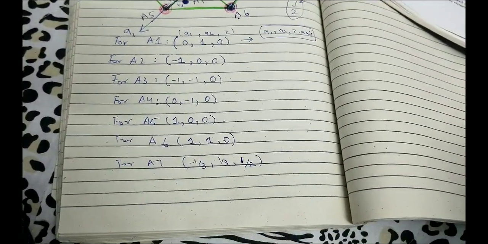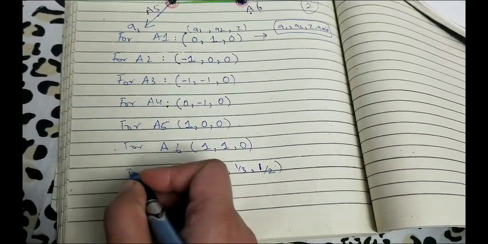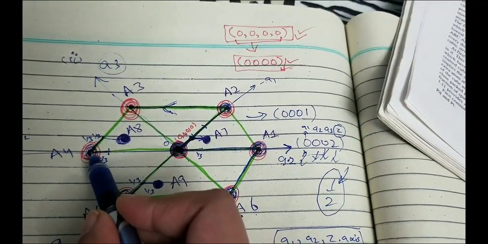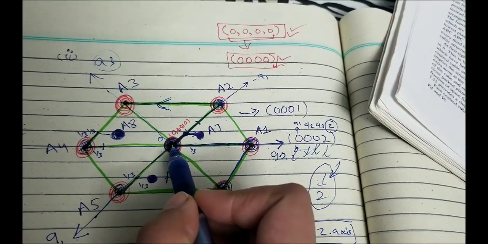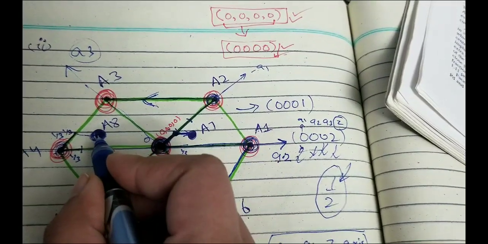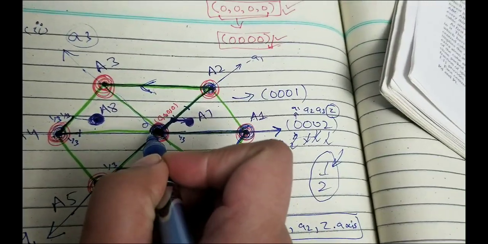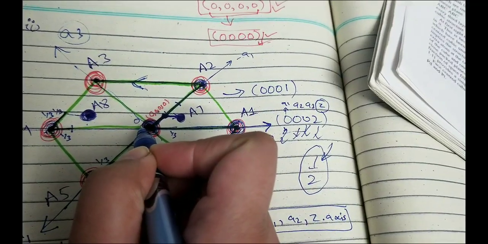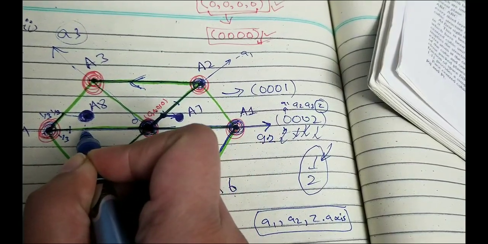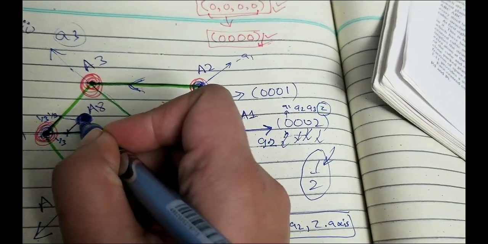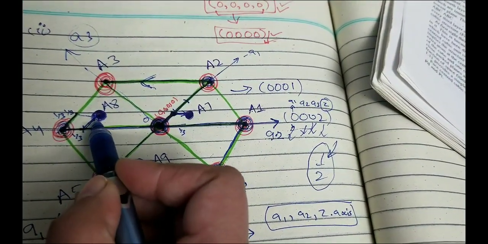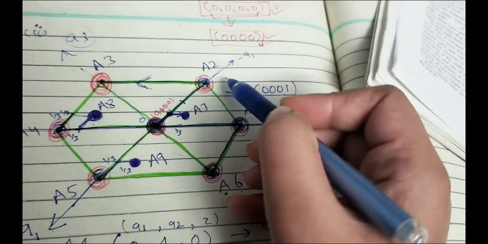All right, now for A8. A8 is located closer to this atom, but it is slightly far from this atom. To reach this position, we'll move first along A2 and then along this direction, which is negative A1.